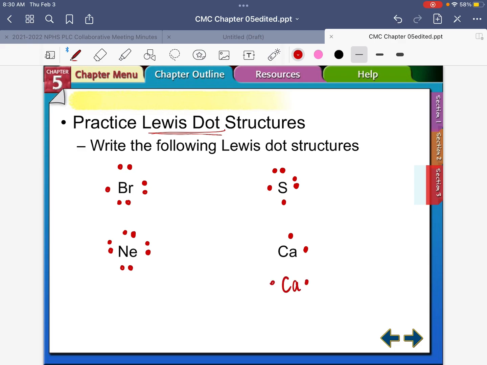This is acceptable. What is not acceptable is 2 on the same side, so this would be incorrect. Also make sure that we put the electrons, like for sulfur, notice that I never put them going out like this. They have to stay on the sides of the box. So this is also incorrect. We don't do it this way.